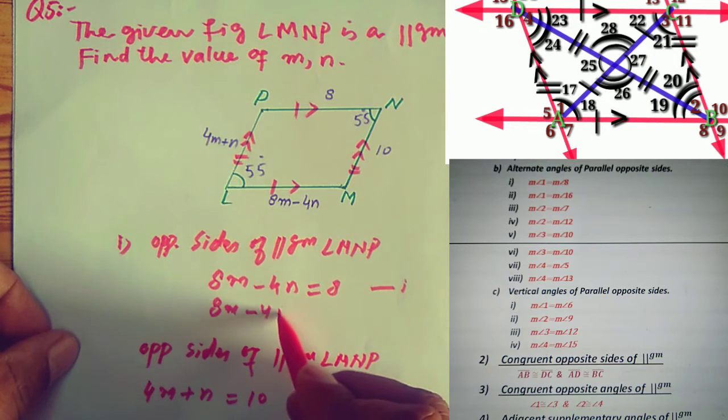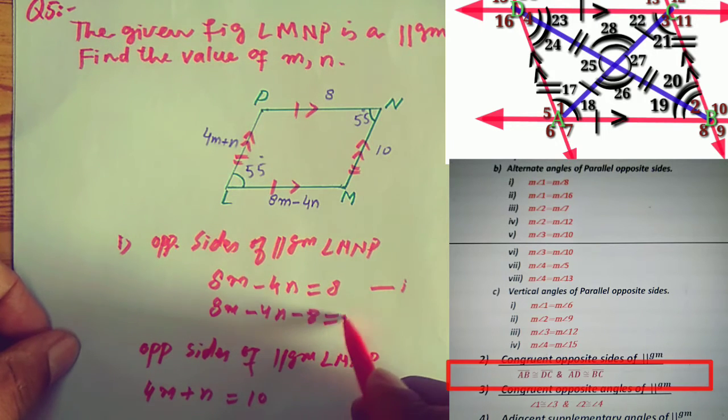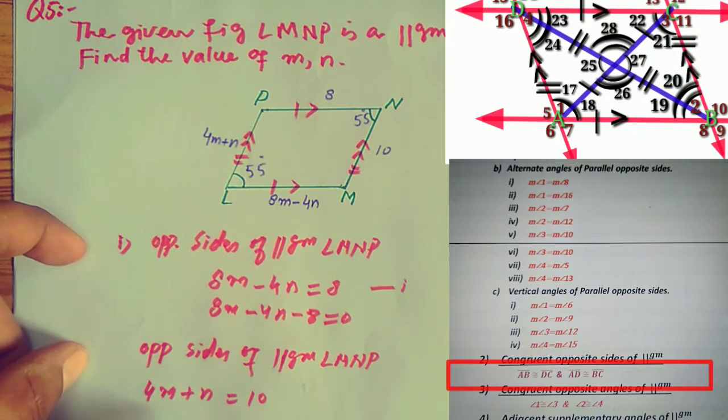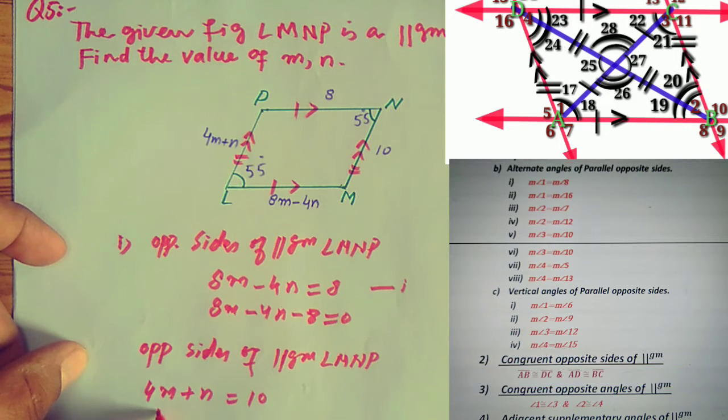This equation can also be written as 4m plus n minus 10 is equal to 0.